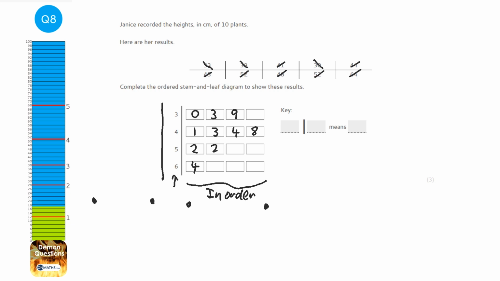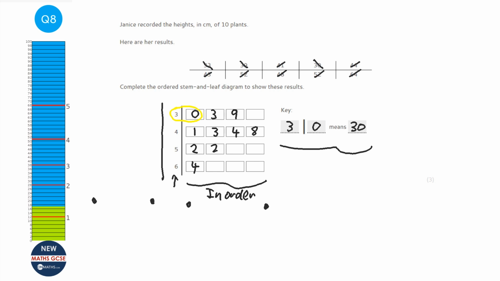Okay, the last thing to do is the key. Now the key is just pick a value, any value. I always pick the one at the top left, but it can be any value. It doesn't even have to be a value on there. And you do 3 line 0, which I've just copied the bit I've done in the yellow, means 30. Now you might ask, why do we need that? Because it's always going to be 30.